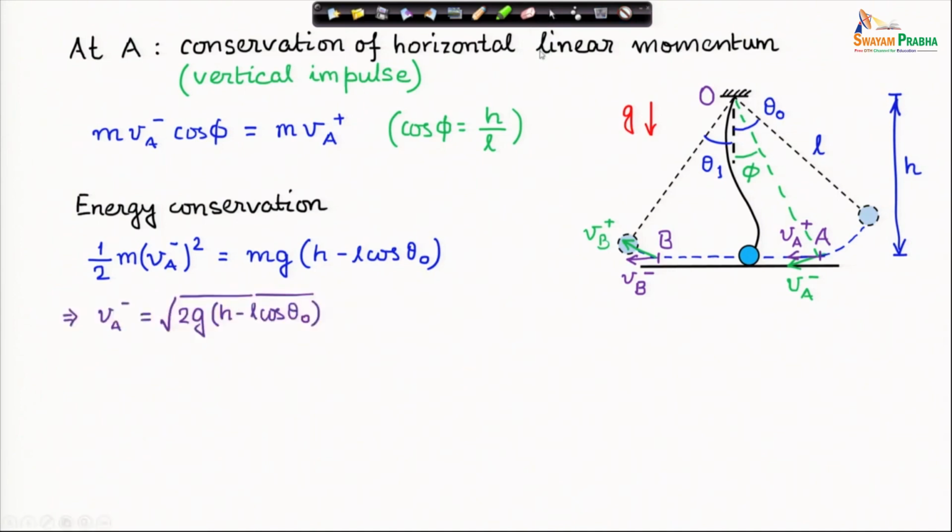And V a plus I can find from the conservation of linear momentum in the horizontal direction. And as I just mentioned, V a plus will also be equal to V b minus. Before the string gets taut, this velocity will remain the same because it is sliding on a frictionless ground.